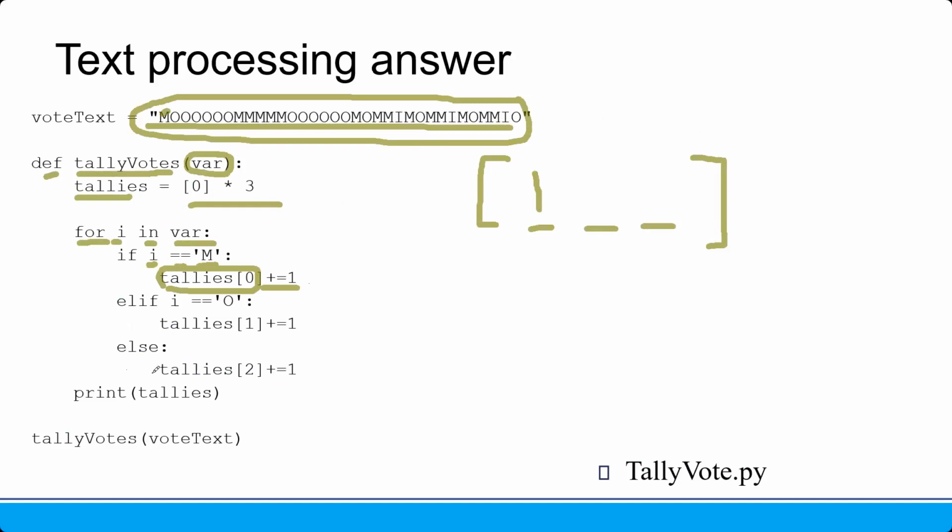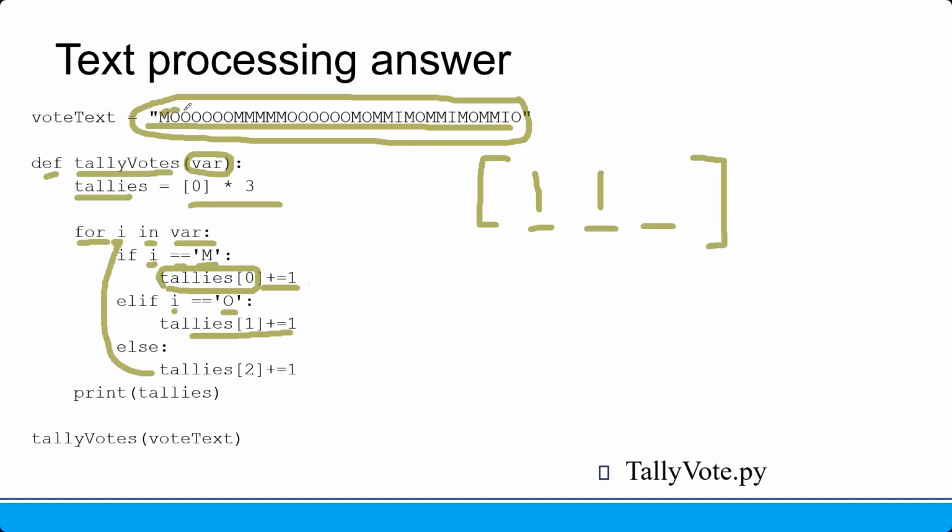Finished? Then we go to the next i. What is the next i? The next character, which is O. Is i M? No. So we go to the next condition. Is i O? Yes. Then tallies index 1 will be added by 1. So now it becomes 1.